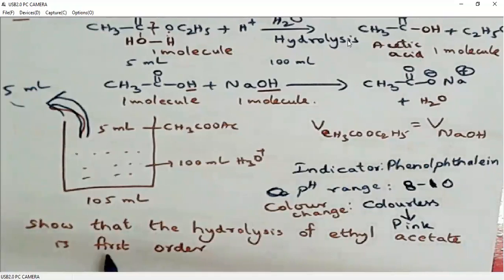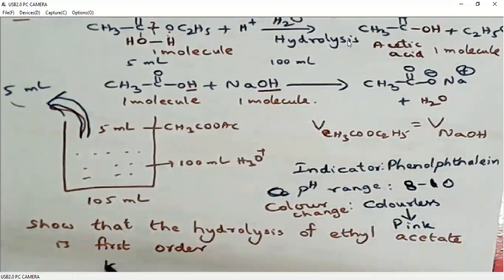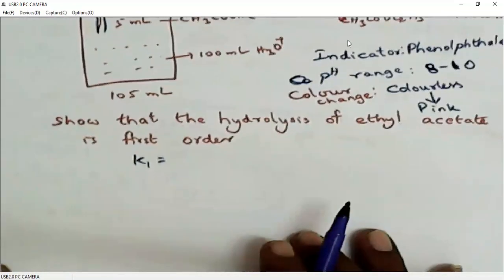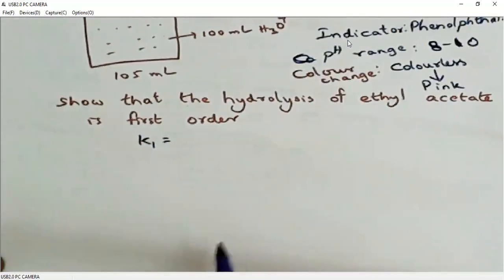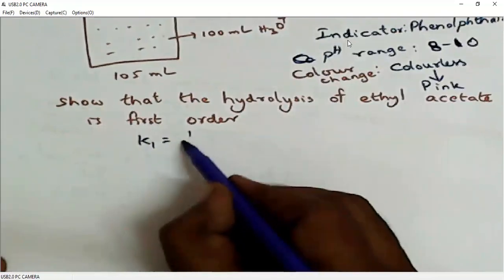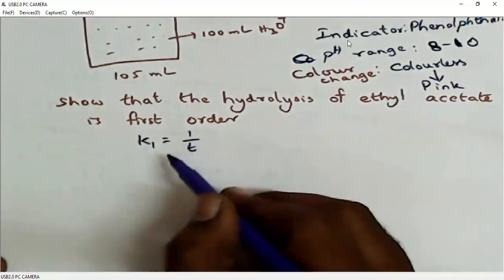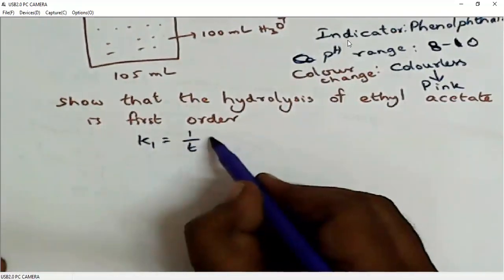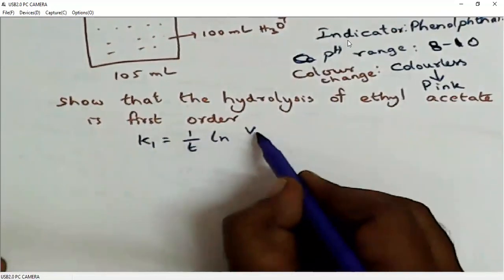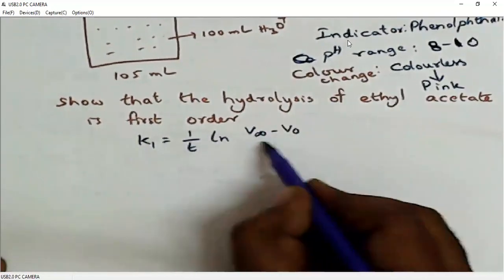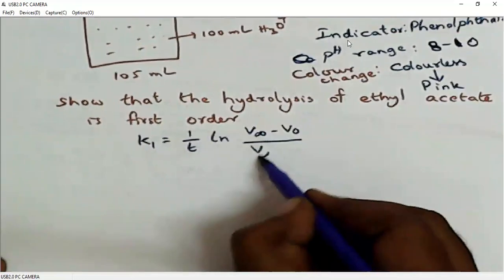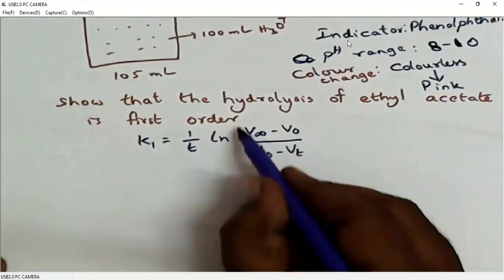Now we want to show that the complete hydrolysis process is a first order reaction. For this, we need to use a modified integrated rate expression, which is given as k1 = (1/t) ln[(V∞ − V0)/(V∞ − Vt)].